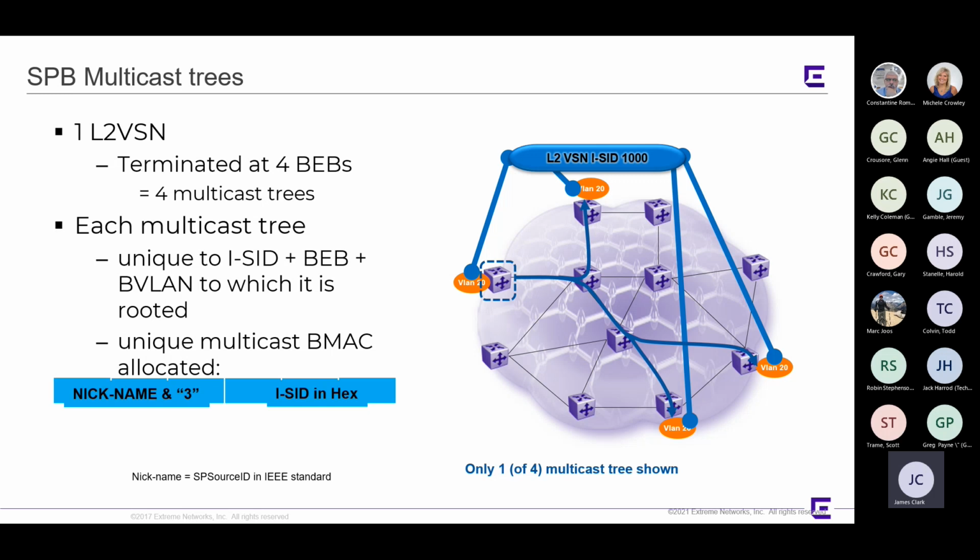One thing we don't show in this slide, which I don't really like a whole lot, is that it's basically showing the layer 2 VSN here. So we're using multicast at layer 2. In the previous session we showed that we can also do layer 3 virtual service network multicast as well.